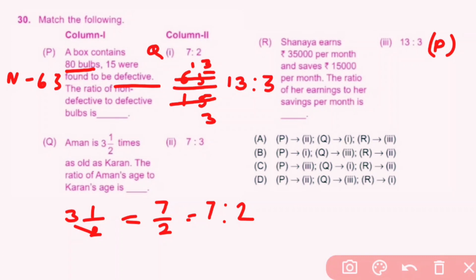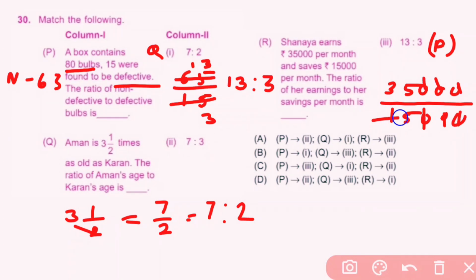The ratio of her earning to her saving per month is. Now the earning is 35,000 and saving is 15,000. So this 0 gets cancelled. 5 3s are 15, 5 7s are 35. So the ratio will be 7 is to 3. So for R, B is the right answer.